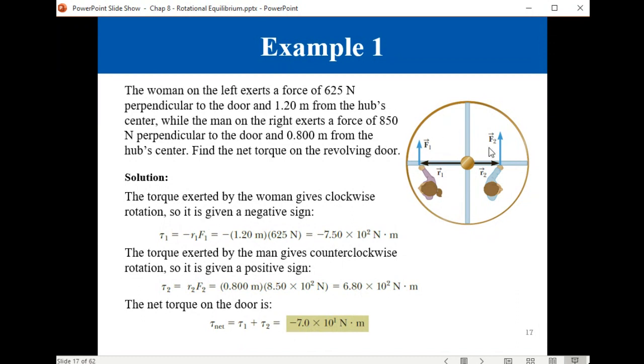So the net rotation will be clockwise, and the net torque is 70 newton meters. Now we have a better understanding of rotational motion and torque and how to calculate the torque due to any force or set of forces.